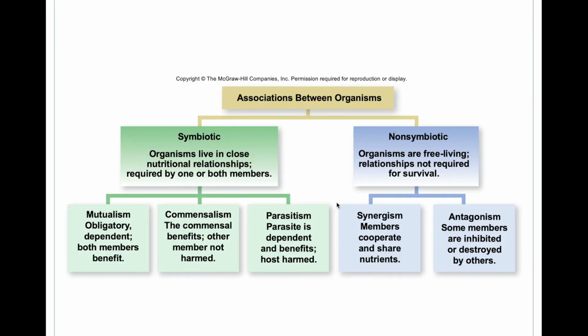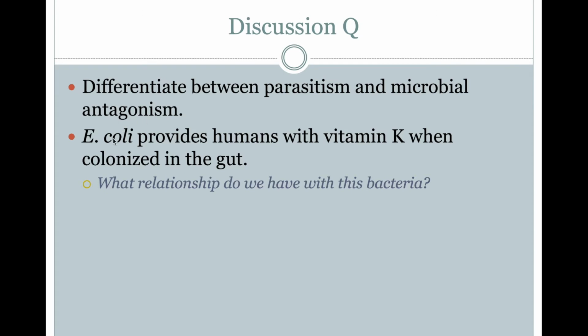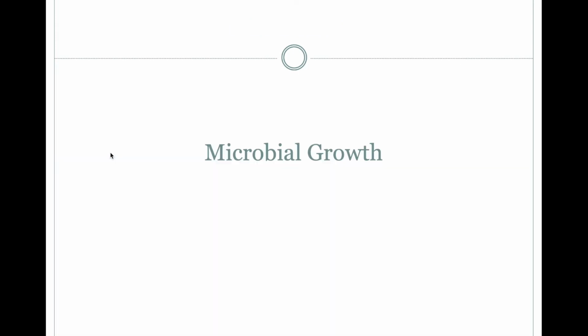Well, you can go back to our picture here, or even to the notes that we made here. We already identified one of these categories as being kind of a definition of normal flora, right? And that would be symbiosis mutualism here, where both will benefit in this relationship. We benefit by the provision of vitamin K, and E. coli benefits by having a host.